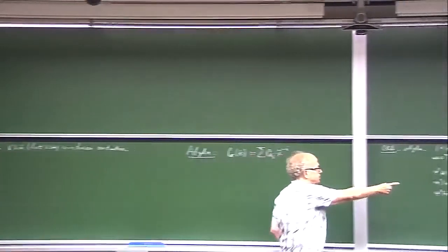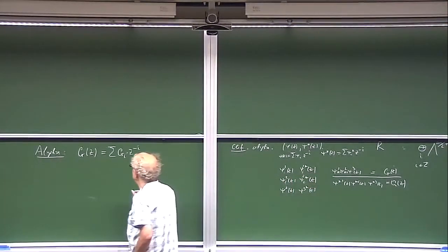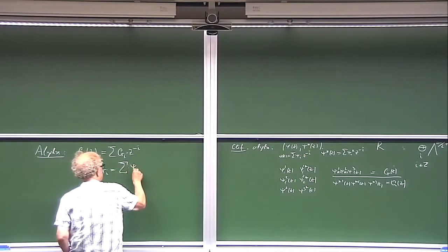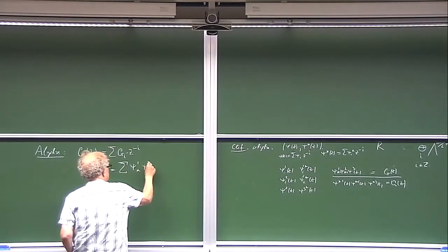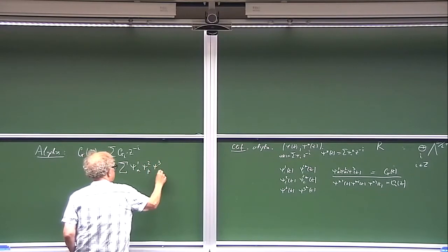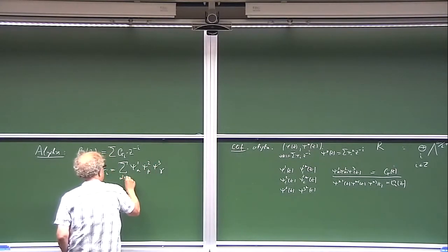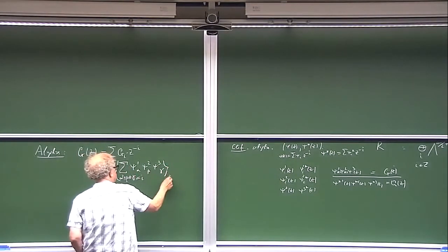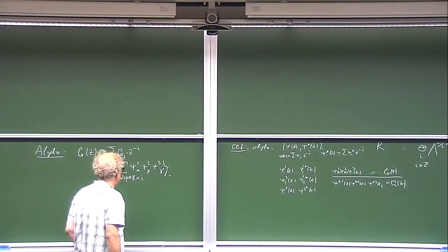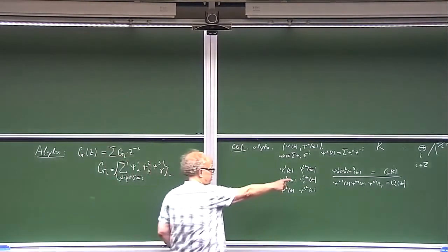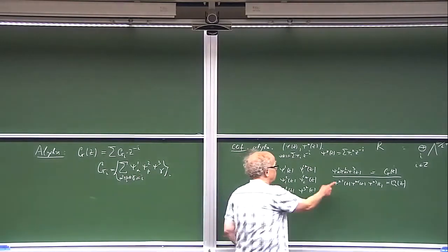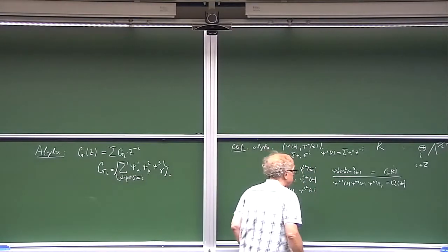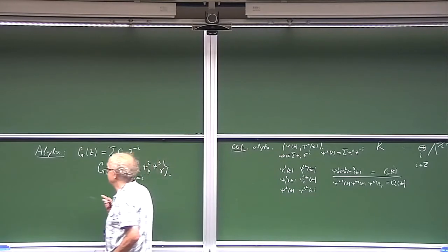If we look at this expression, it means that G_i is the sum of psi1_alpha psi2_beta psi3_gamma, with alpha plus beta plus gamma equal to i. This is more or less by definition: we take this expression, write down each psi by this, and just formally make a product, and it gives us such operators.